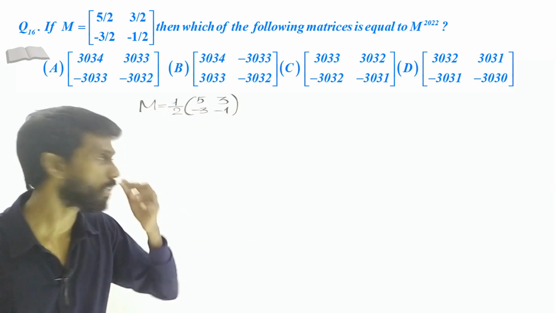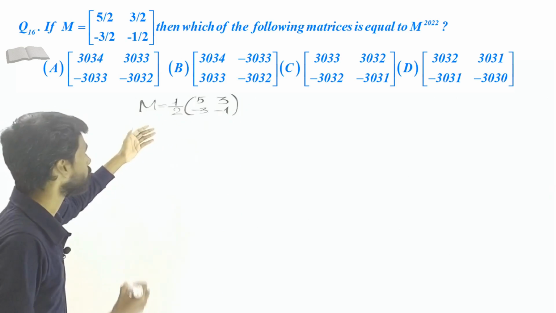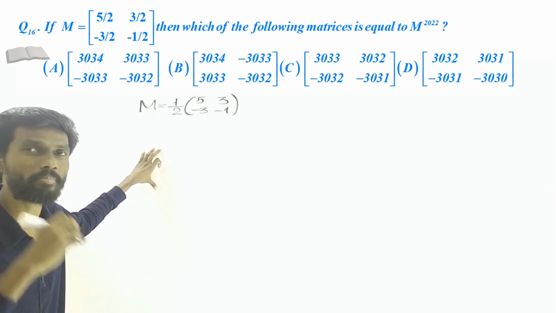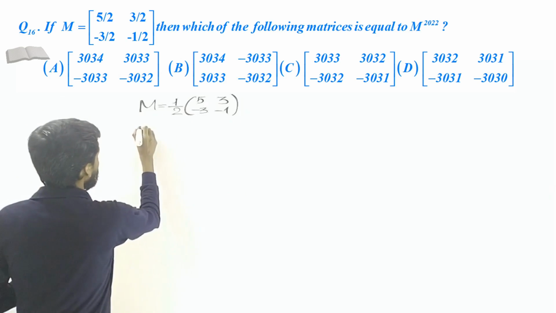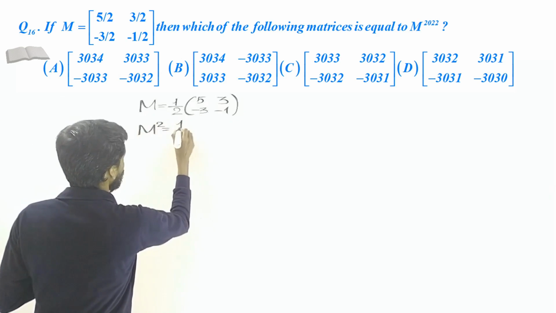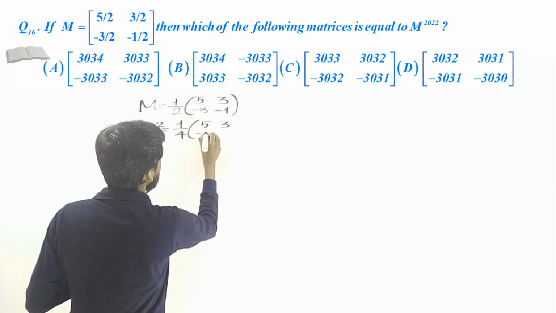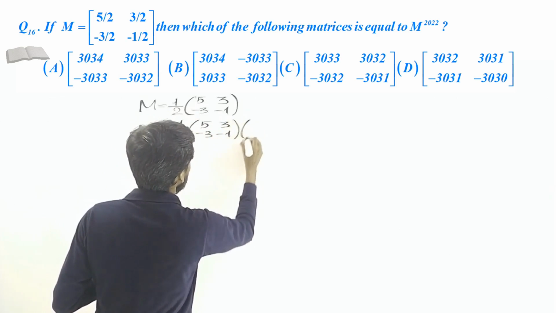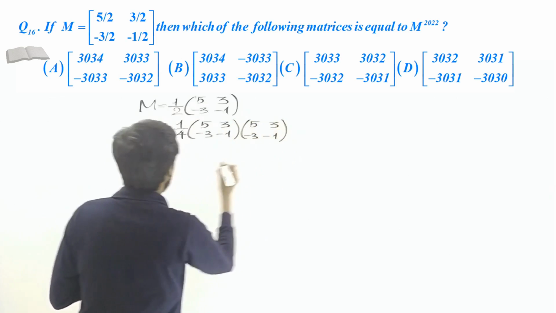That way we can do it, but let me do this by a different method, the direct method. M to the power 2022. First let us find M squared or M cubed, then we can generalize it. So what is M squared? M squared equals 1 by 4, that is 1 by 2 multiplied by 1 by 2, times the matrix 5, 3, minus 3, minus 1, multiplied by the same matrix.